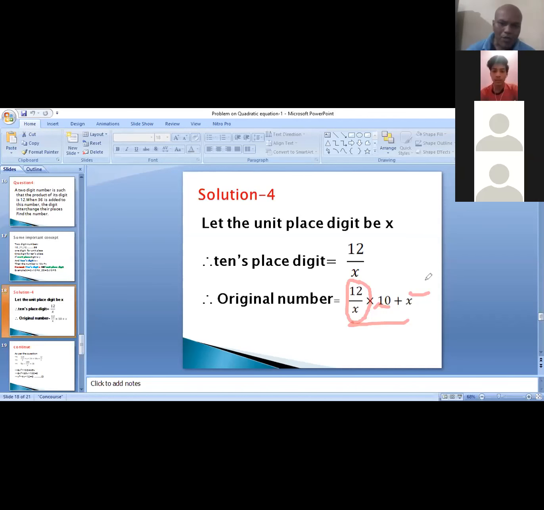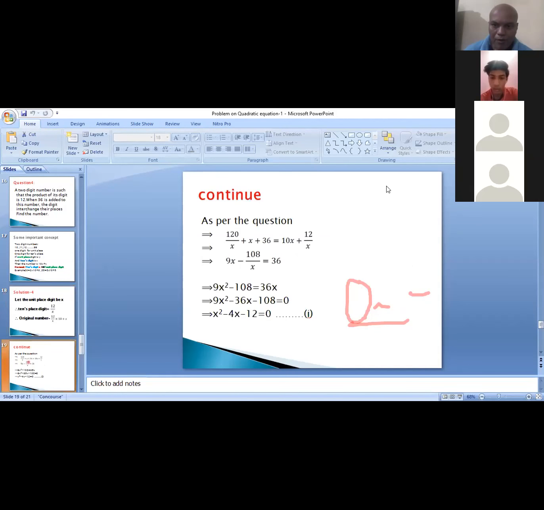Now once you write down this value, you have to write the equation. As per the question, if 36 is added to the two-digit number, the digits interchange their places. So the number is 12 by x into 10 plus x, plus 36, is equal to 10x plus 12 by x.